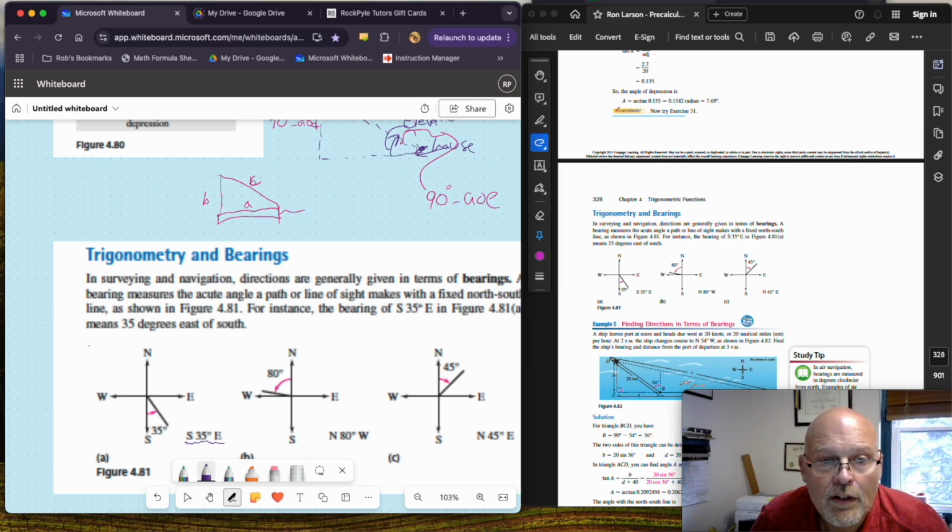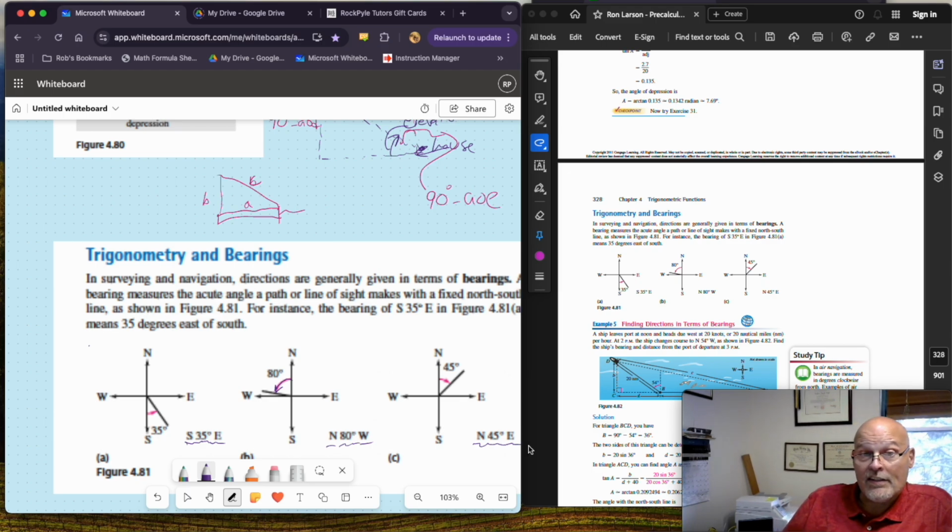This one is going off of the north, so this is going to be from north to west, 80 degrees, or north 80 west. Again, 45, north 45 east. That's really all it is. It's essentially a language that we need to understand and be able to do math with.